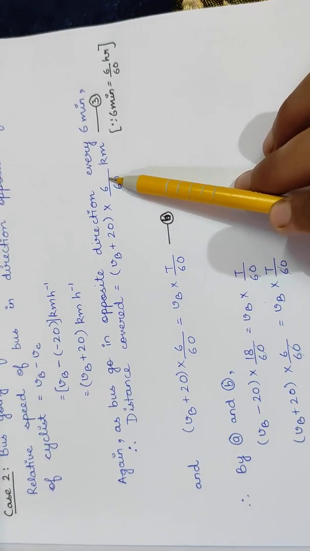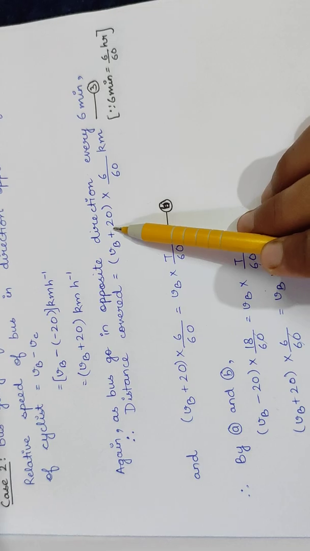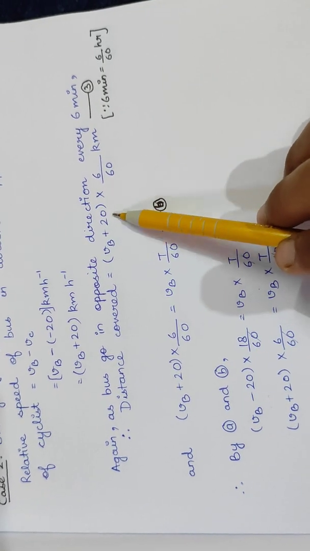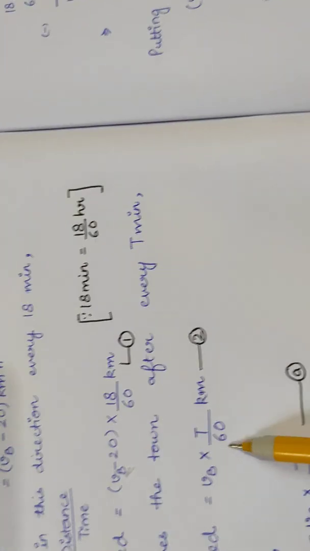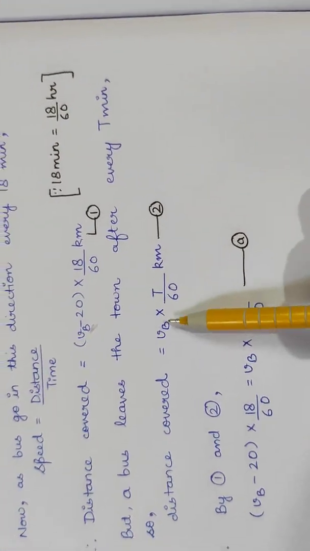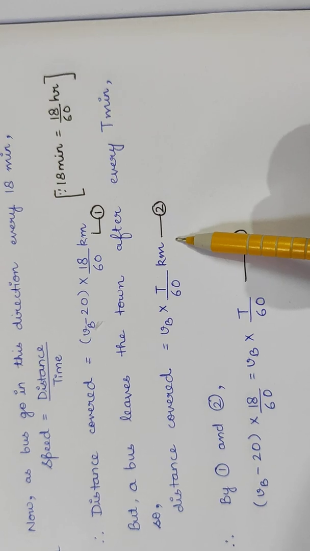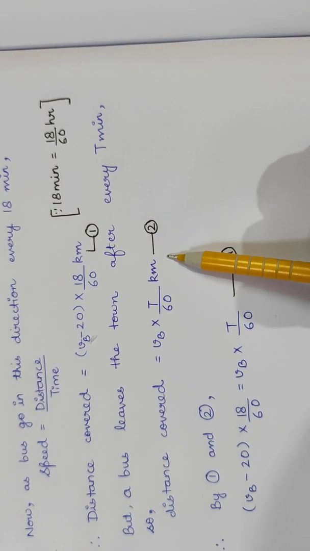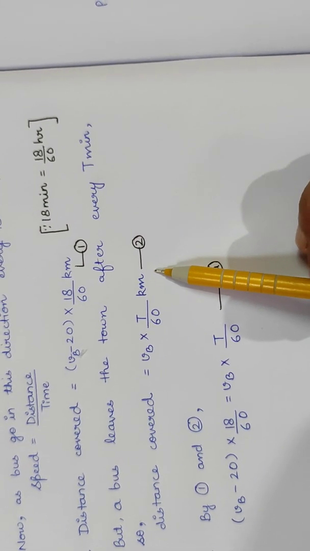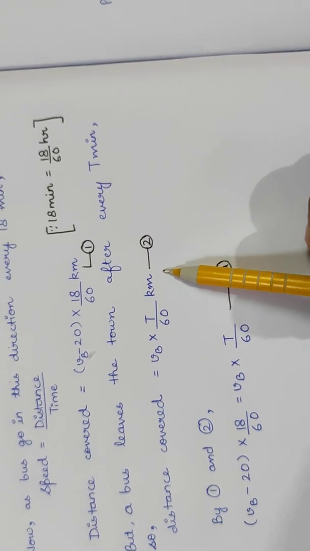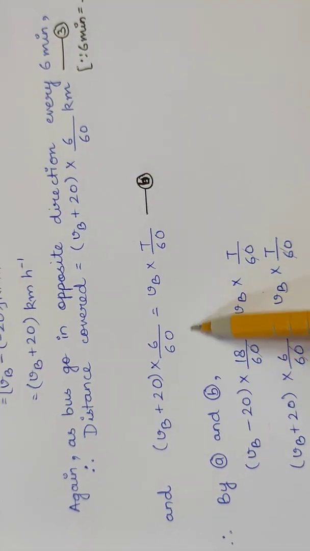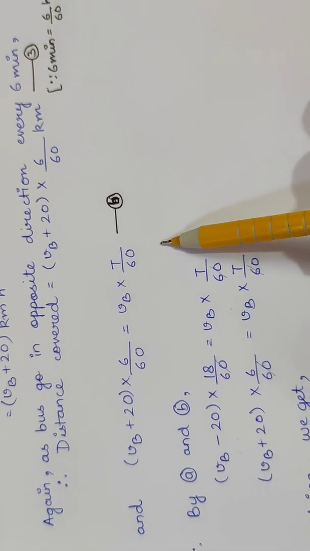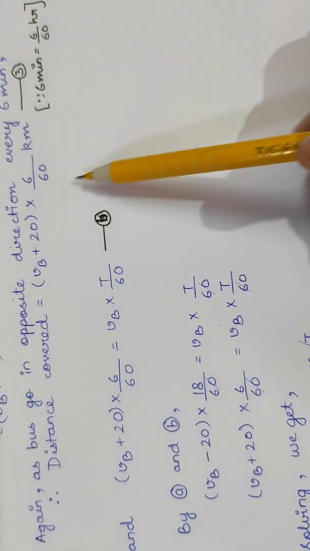Now, as I have already told you, the distance covered by a bus will be Vb into t by 60 km, since buses leave in either direction every t minutes. So we equate this distance to Vb into t by 60. Mark this as equation B.